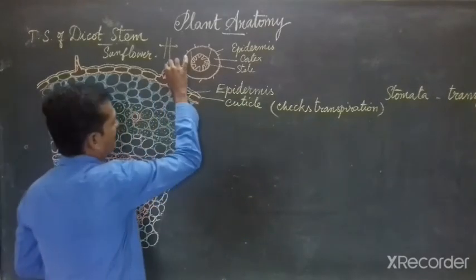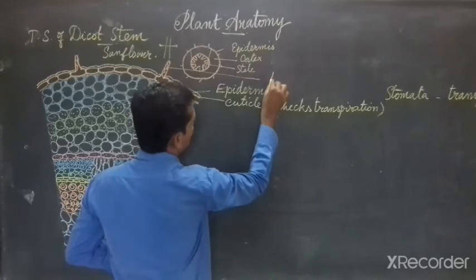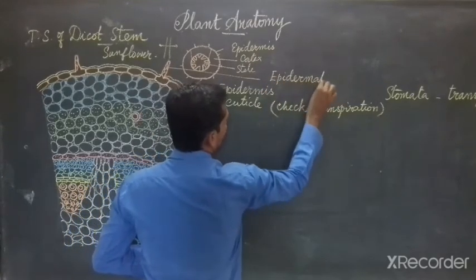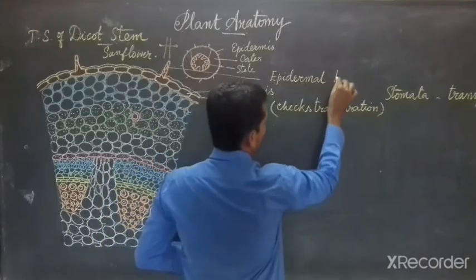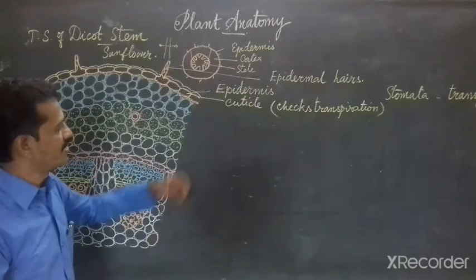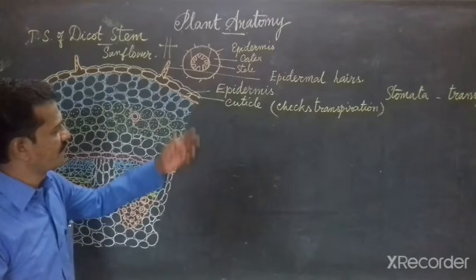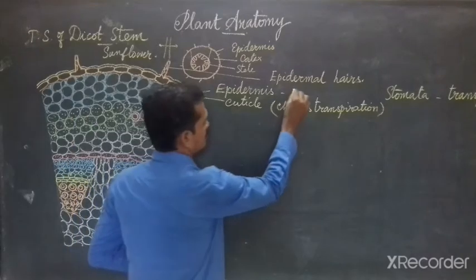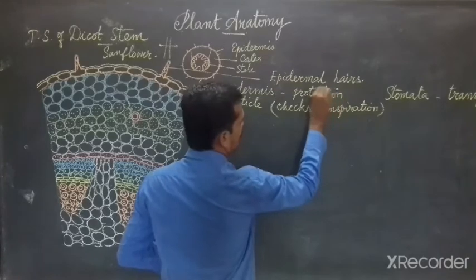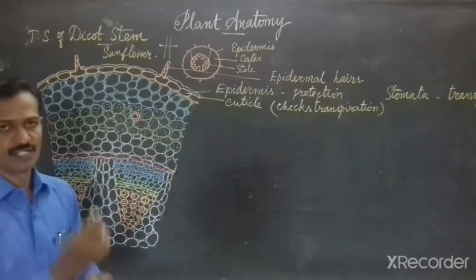In the epidermis, there are some multicellular epidermal outgrowths seen, which are called trichomes, which are involved in different functions. So the role of the epidermis is to protect the innermost tissues, like our skin.